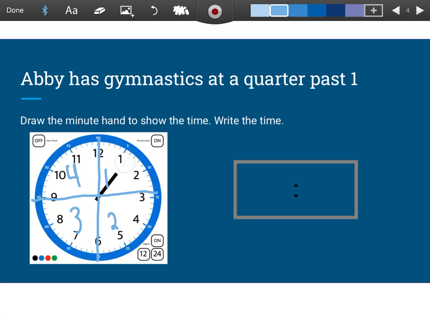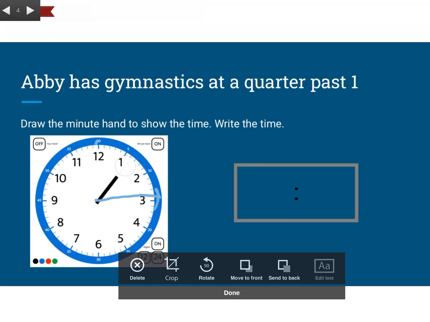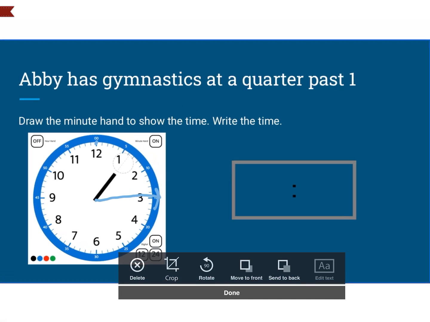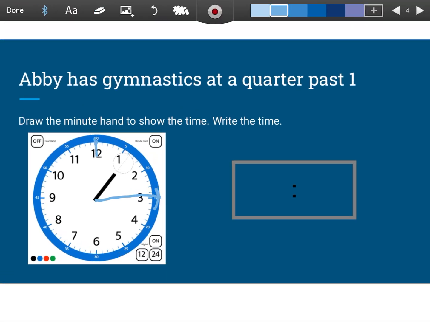So if it was 1:15, just 1 quarter, we can go ahead and draw the minute hand to the 15, because, again, if we broke that clock into 4 different sections, this would be 1 o'clock.